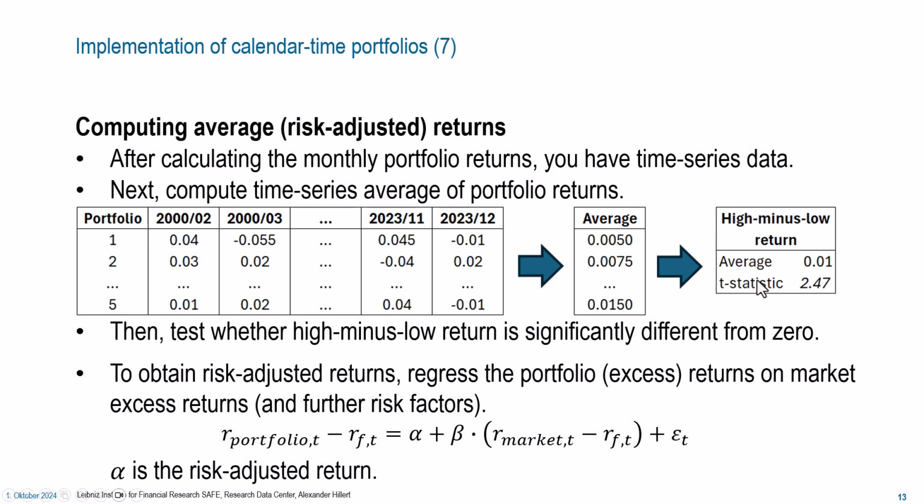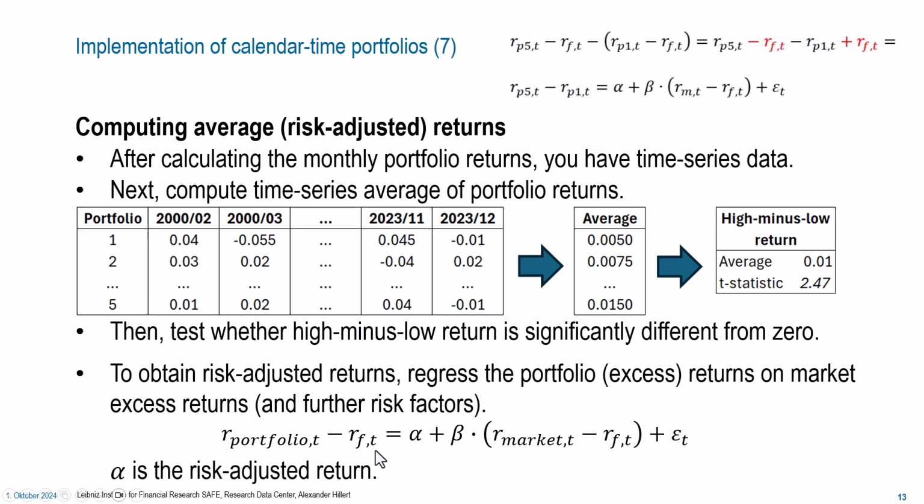This example works for computing the alpha for an individual portfolio, but you can also directly compute the alpha for the high minus low portfolio. In this case, you would have the return of portfolio 5 minus the risk-free rate, minus, opening bracket, the return of portfolio 1 minus the risk-free rate, closing bracket.